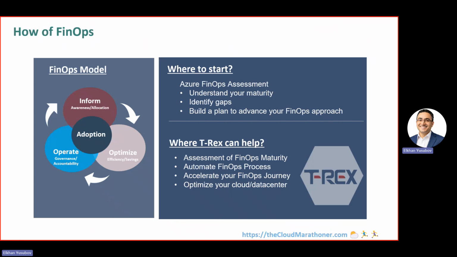Next comes optimization, and here we are talking about efficiency. We are focusing on resource utilization and reducing waste by enabling savings. Over time, when the nature of your workloads changes, different saving opportunities can come, so there should be timely assessment of workloads to understand what the new opportunities are to bring new savings.